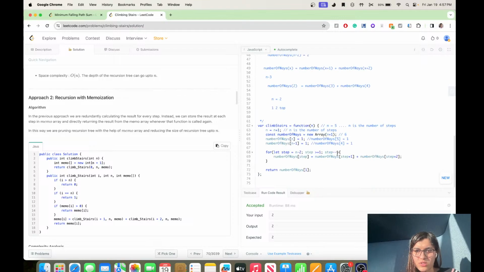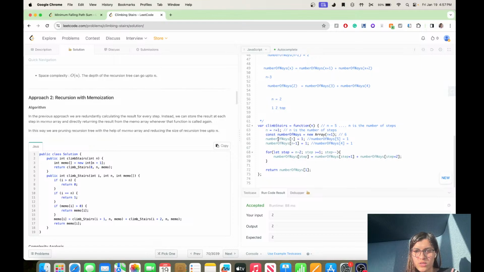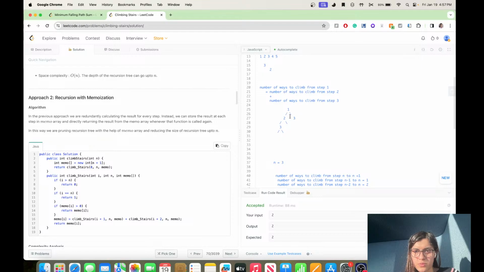So the idea is the same, but in recursion, instead of going from bottom to up, I'd go from top, from one till the end. But the basic idea is the same.